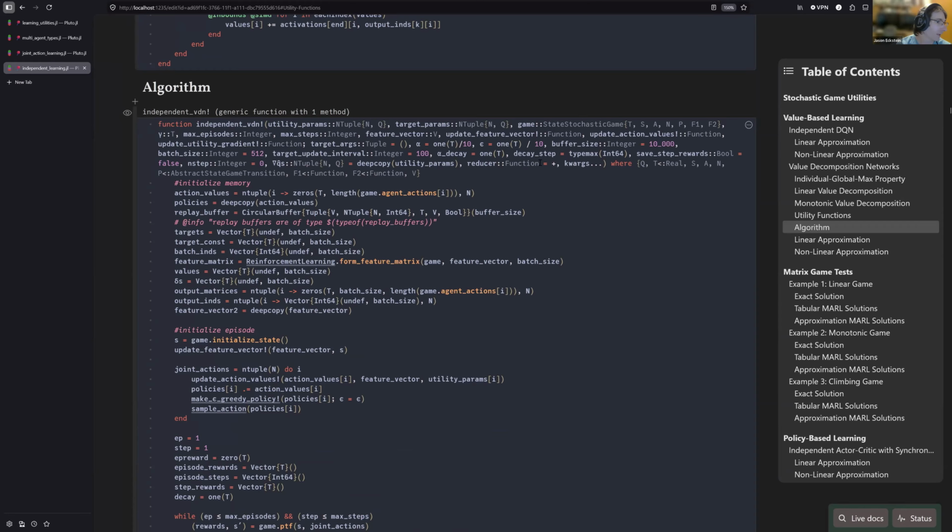So here I'm just taking the sum. The game is equivalent whether the agents all get the same reward, or the shared reward is actually the sum, but then each agent just gets the sum of reward divided by the number of agents.